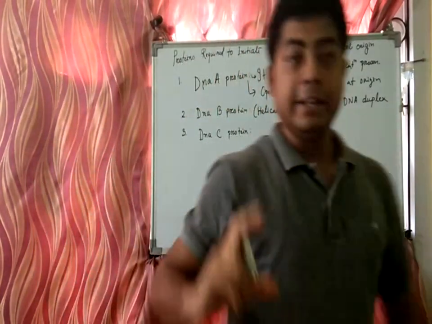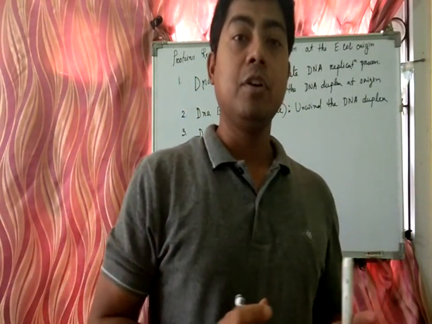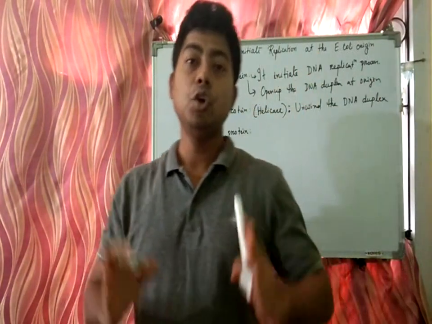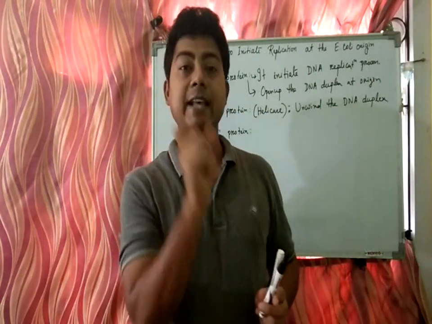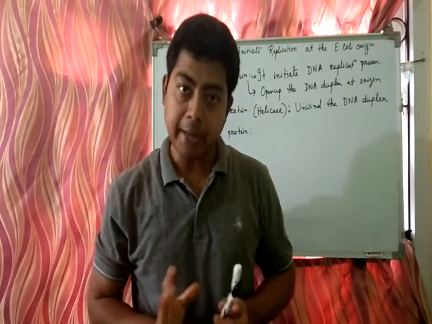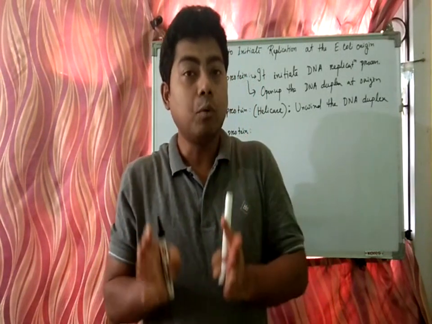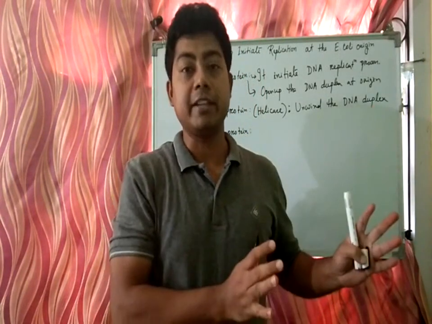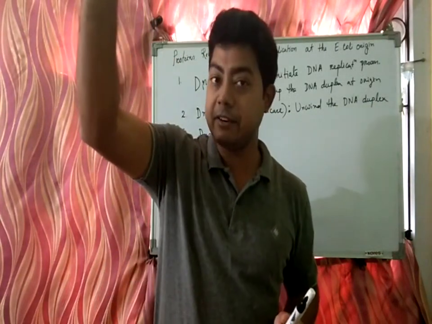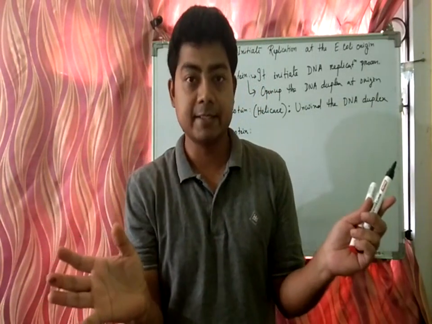Okay. Another important protein is DNA C protein. Actually, DNA C protein is required by DNA B protein, so that DNA B protein can bind with the specific segment of the origin point. DNA C proteins are required by DNA B proteins, so that DNA B protein can bind with that specific region of the origin and unwind the DNA duplex.